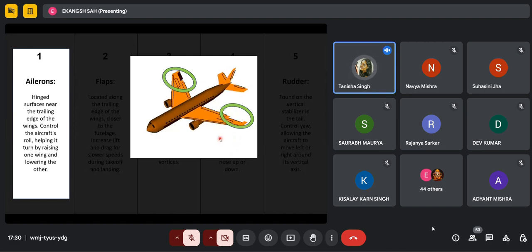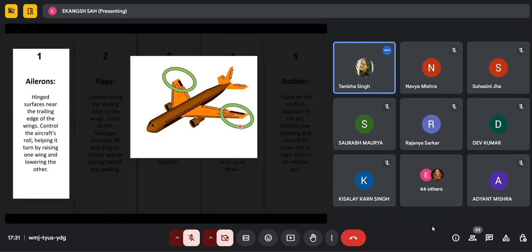The ailerons are coupled so that when one swings up, the other swings down. As you can see in the image, circled by the green line, when one aileron goes up, the other goes down, creating an imbalance in lift between the wings, which allows the aircraft to roll left or right, enabling turns. Essentially, they control the aircraft's roll movement by changing the amount of lift on each wing.